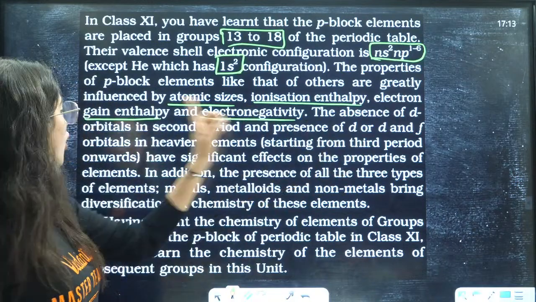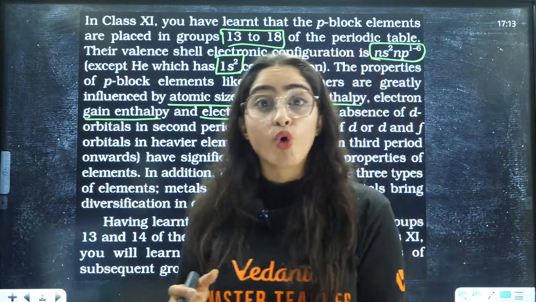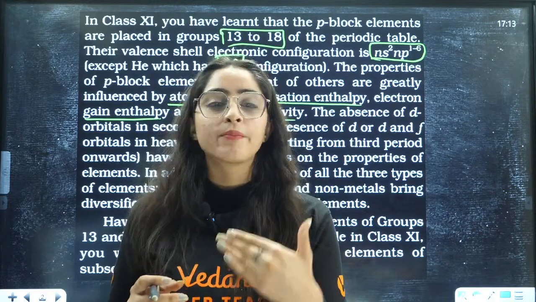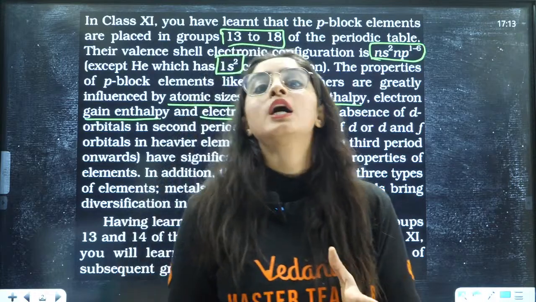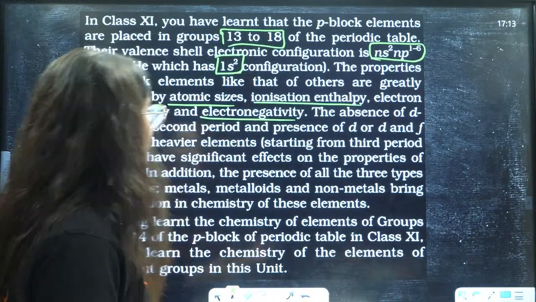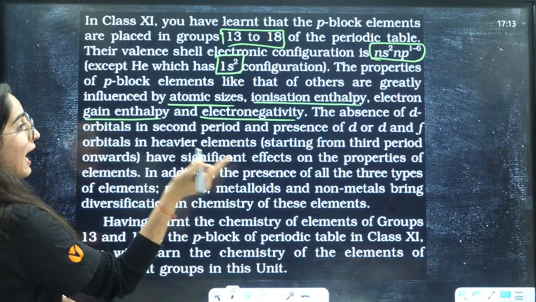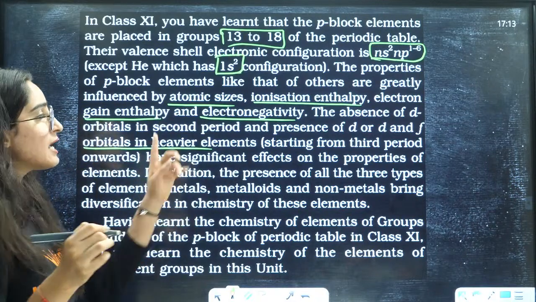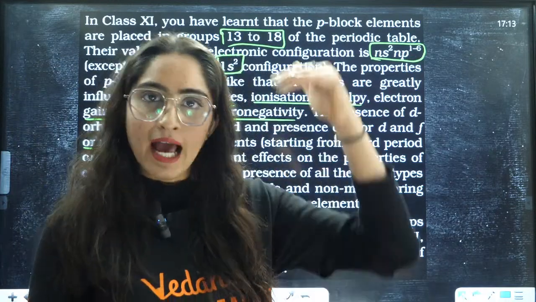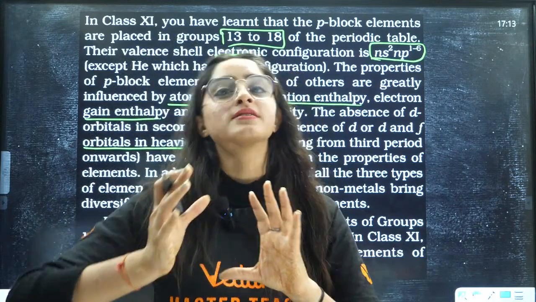Now they are saying that first period elements like boron and carbon were behaving differently as compared to other elements of that group. Why? Because they didn't have any d orbital, not even a vacant d orbital. So the absence of d orbitals in the second period and presence of d and f orbitals in the heavier elements as we go down the group, because of that there are some changes in the trends that we have observed.